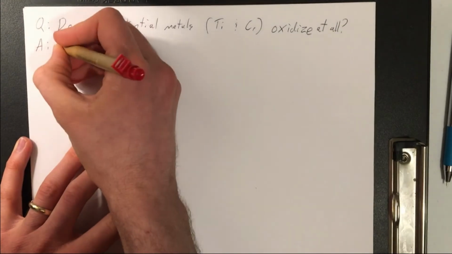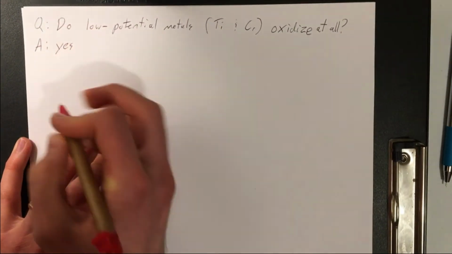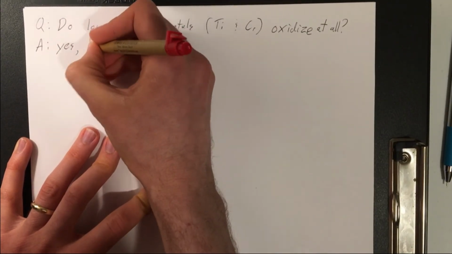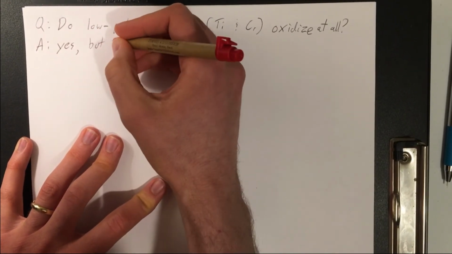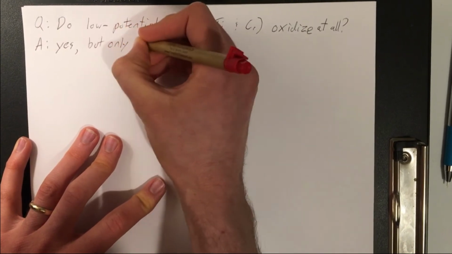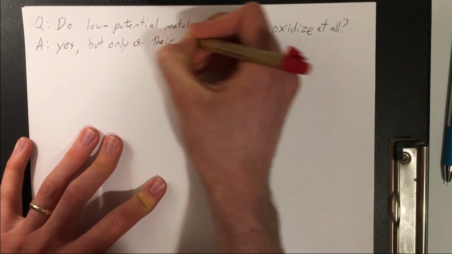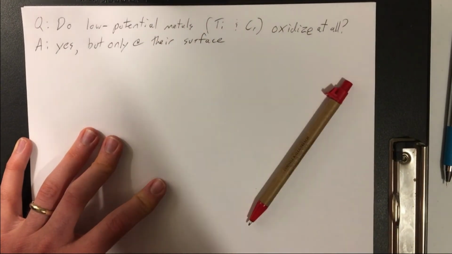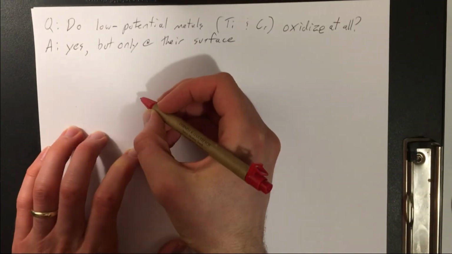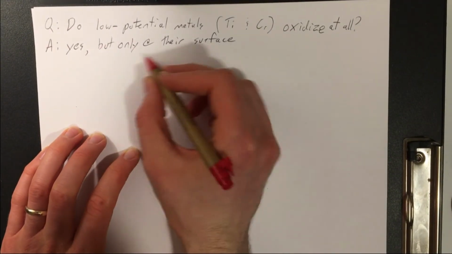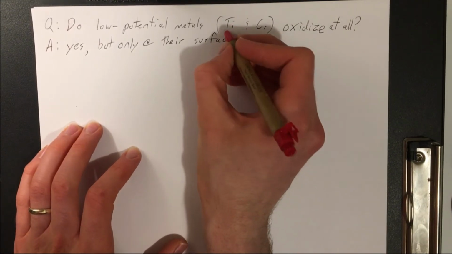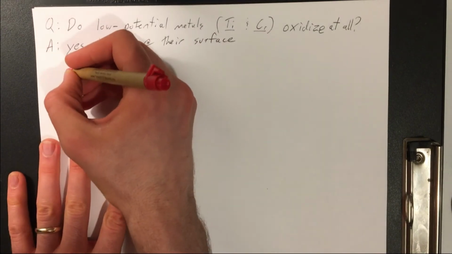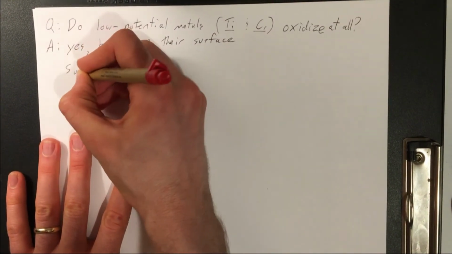And the answer is yes, they still oxidize, but the key thing is only at their surface. And a key thing is not only do certain metals like titanium and chromium oxidize only at their surface, there is this surface oxide layer.